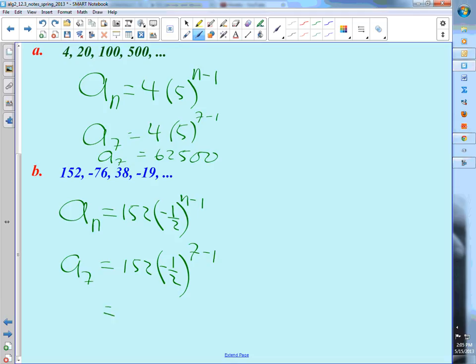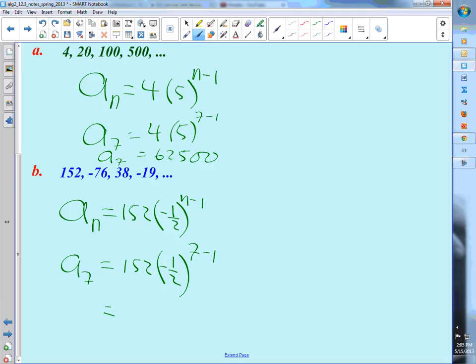For the next one, I don't want to know what the fifth term is. I want a sub 7. So would we do 152, parentheses, negative 1 over 2, parentheses, to the parentheses 7 minus 1?